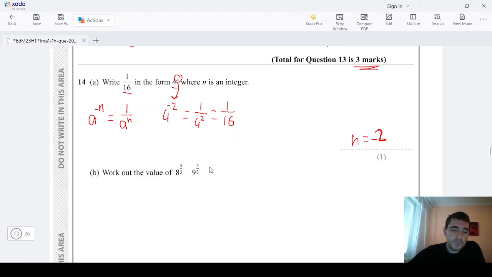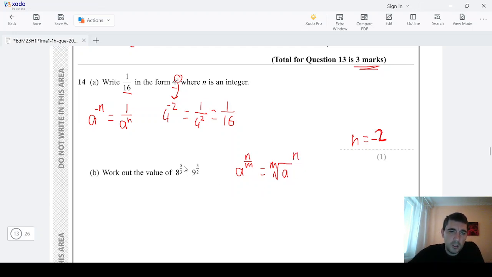Okay, now next, work out some more indices. If we check index notation, if we've got fractional indices like n over m, that can be written as the m-th root, and the numerator goes into the power.